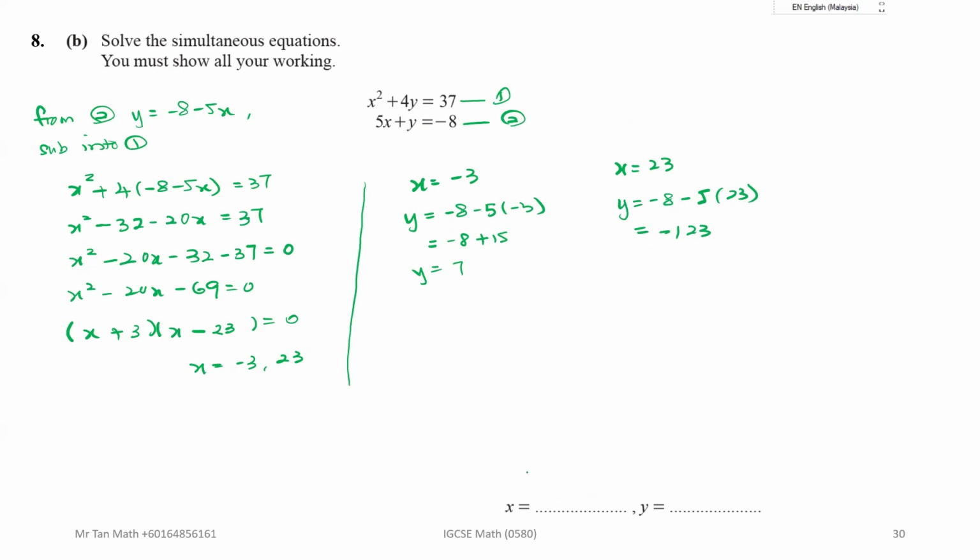You should get two answers here: x equal to negative 3, y equal to 7, and x equal to 23, y equal to negative 123.